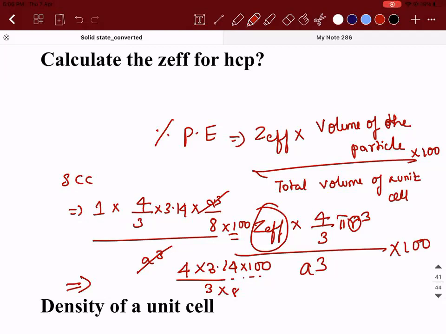For BCC, your net effective atoms is 2. What is R? A by 2 means you have simplified. Check it once more. Cross check once more.